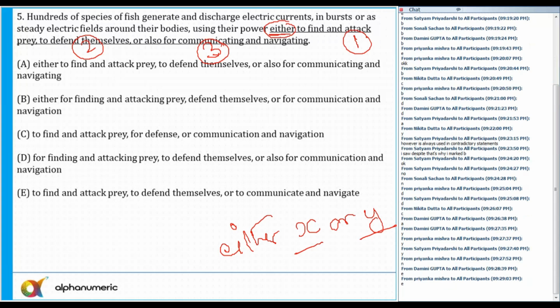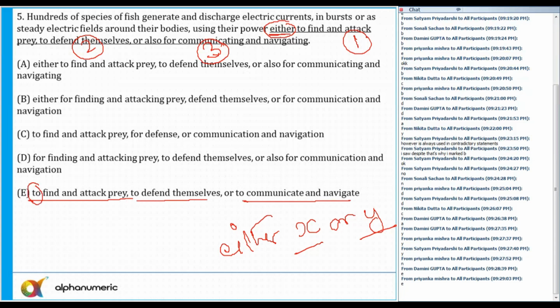So these species, these fish, they discharge electric currents. These fishes, they are using their power to do three things: to find and attack prey, to defend themselves, or to communicate and navigate.